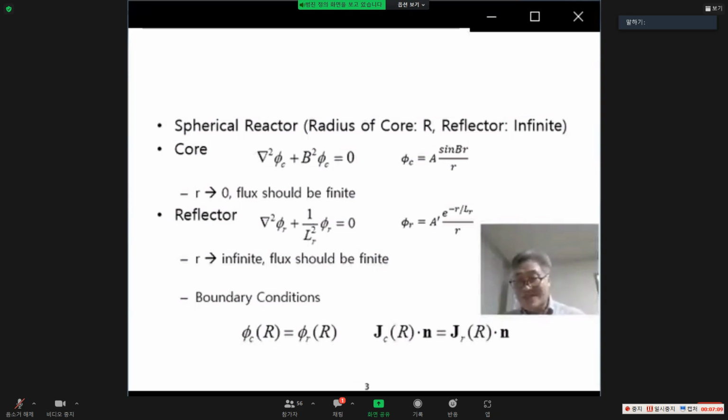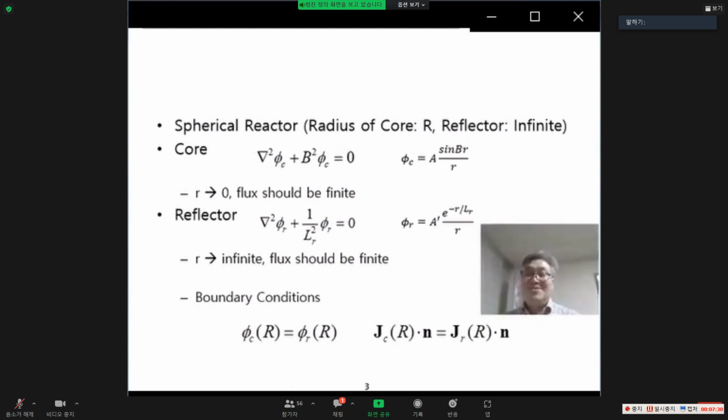The first boundary condition, phi c of R equals phi r of R, is a continuous condition. So the flux value should be the same. The second equation is minus D d phi dr from the core and minus D d phi dr from the reflector are the same.